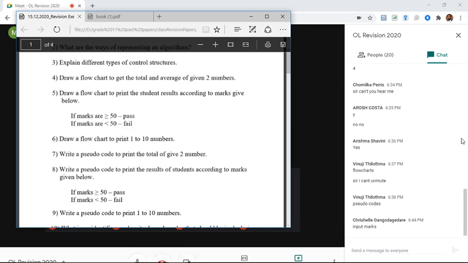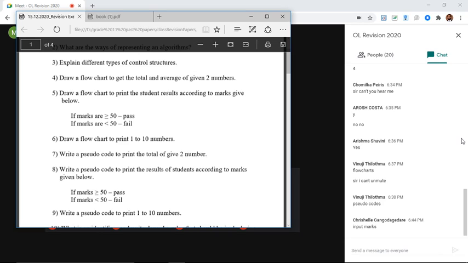Right, how many variables do we require? What is the process, Krishna? What is the output? What is the control structure this belongs to? What happened to your mic, Krishna? It's not working? If you can unmute and tell, that will be easy.